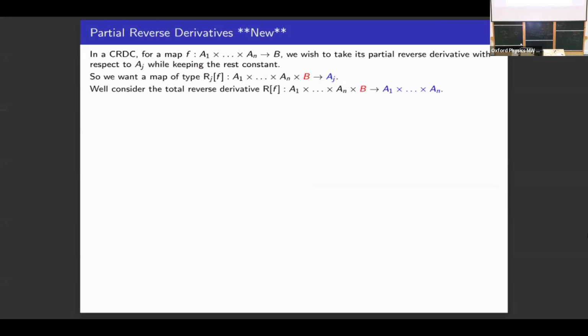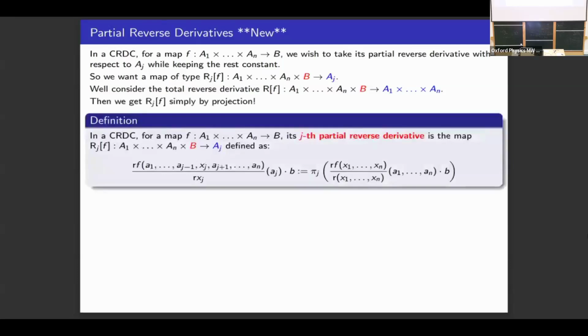There's going to be b in the domain, and a1 to an in the codomain. So how are we going to get a map that goes all the way to aj? We have finite products, so we have projections. Therefore, very easily, we define the jth partial reverse derivative as just the jth projection of the total reverse derivative, so the jth part of that tuple.